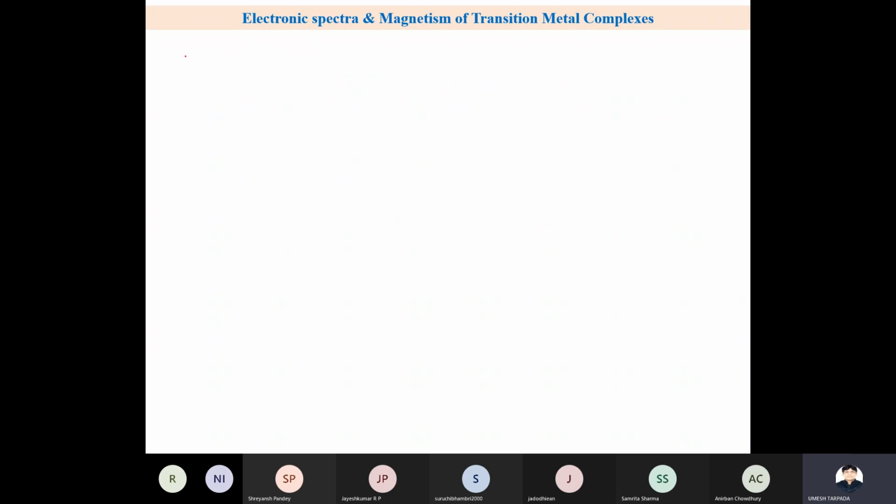See, let us look at one example to calculate how this equation is useful. Suppose we go for a weak field complex with two absorption bands given. Sometimes the 15B value may be provided, or the B value may be provided. You can calculate the nephelauxetic ratio.